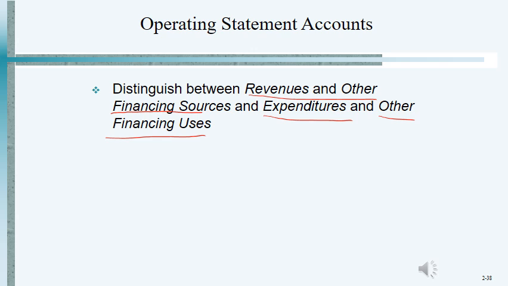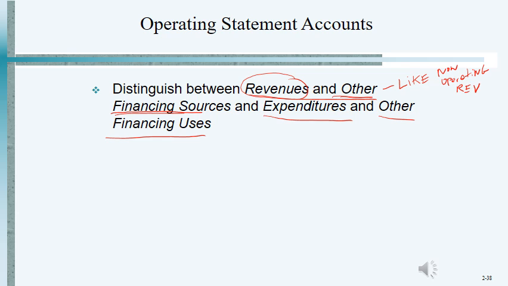So we have two categories of things that are like revenues. Obviously, revenues are like revenues, and then we have other financing sources. Other financing sources are like non-operating revenue.